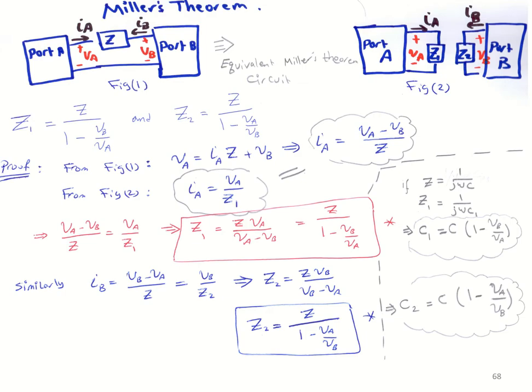The Miller theorem is related to two-port networks. For example, you have a port A and a port B. A complete circuit is referred to as port A, and there is another circuit which is referred to as port B.